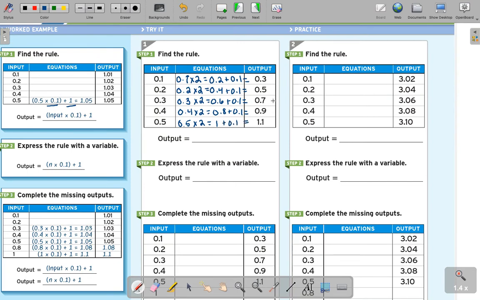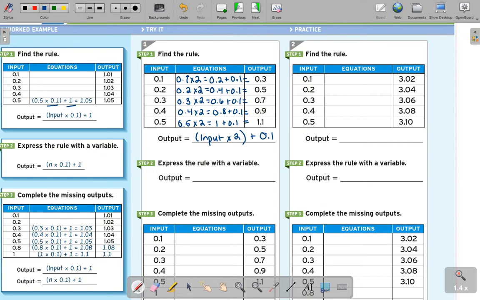That sure is 1 and 1/10. All right, I think we got our rule. So our output, how we got this right column, is to take the input times 2 first. So I'm going to put that in parentheses because I got to do that first. And then I need to add a 10th to it. So this is our rule.